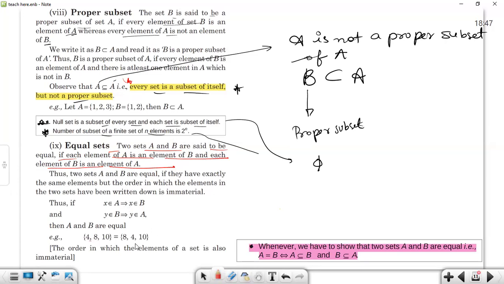They can just be misarranged, but they will be considered as an equal set, the same set. Okay, clear? Yes, sir. Whenever we have to show that two sets A and B are equal, we have to show that A is a subset of B and B is also a subset of A.